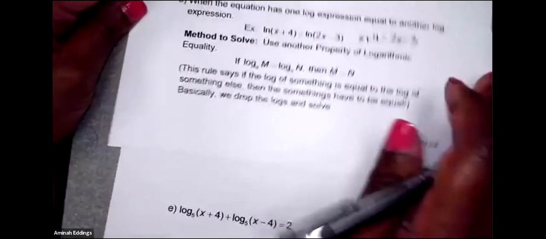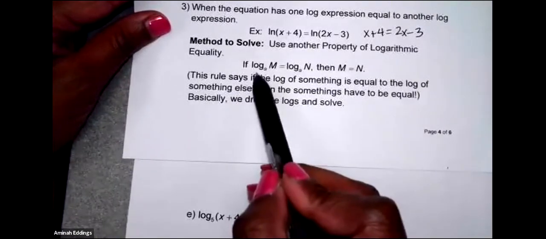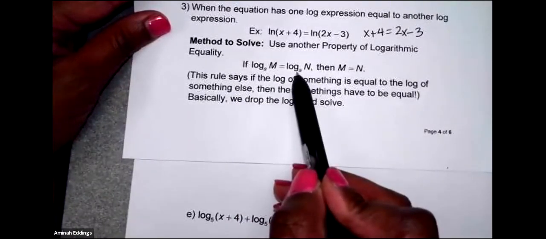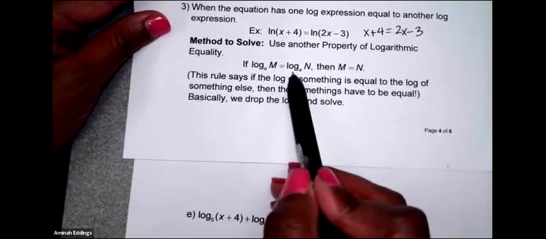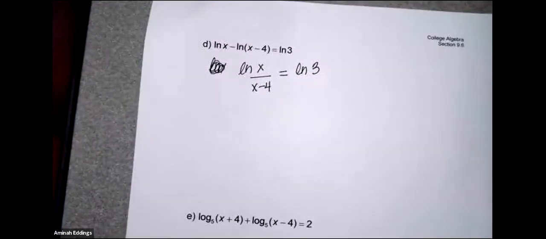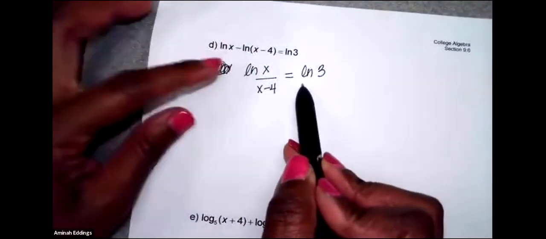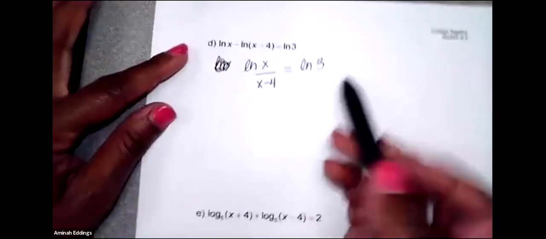Then, remember I told you that you have a property that says if I have logs on both sides, if they're equal, then my expressions are equal. So here I have natural log and natural log. So they are the same. So that means these expressions can be equal.